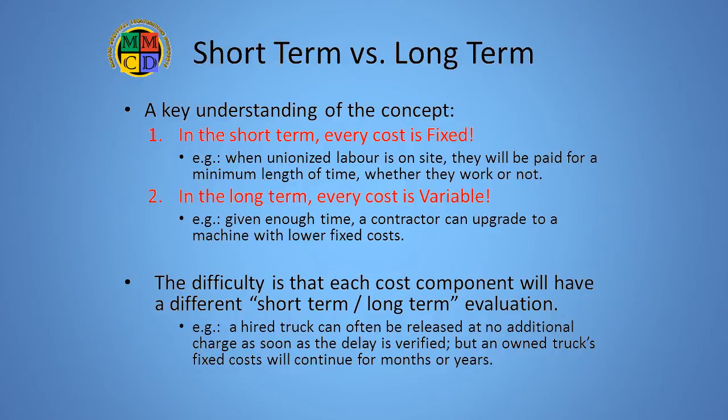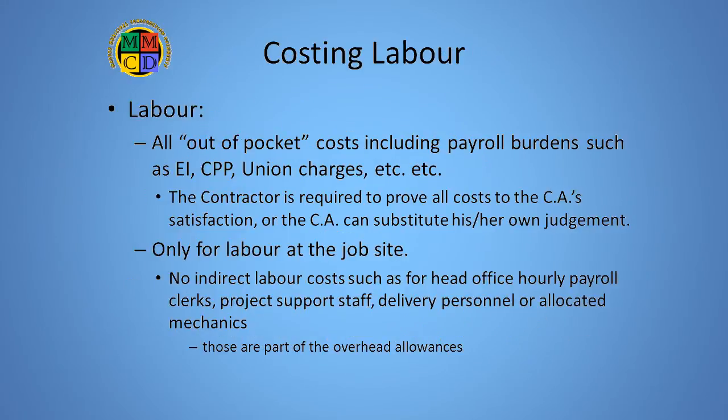The point here is that the CA must evaluate the contractor's submitted costs for reasonableness, given the relevant circumstances. Remember, under the MMCD, the CA only gives the initial decision. Either party can dispute that decision to have it reviewed, providing they follow the correct process under GC 17.